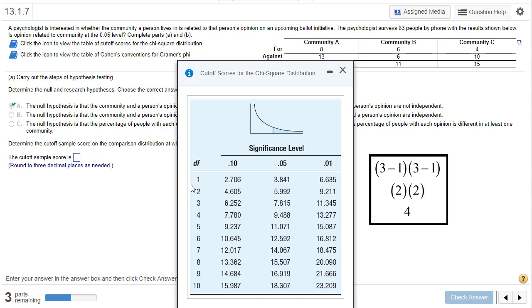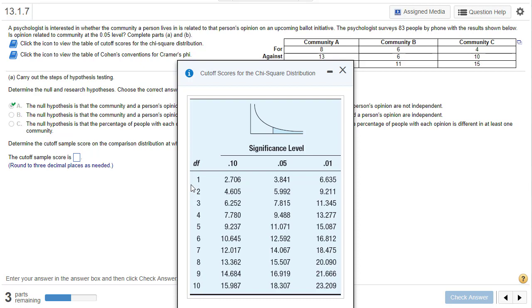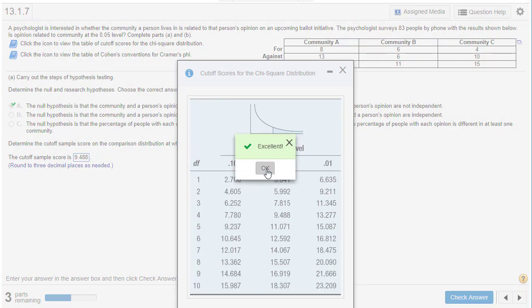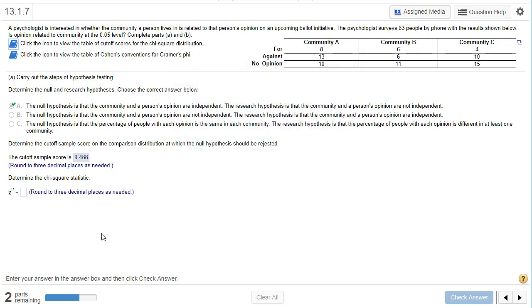In this case, we have 3 rows and 3 columns, right? So it's going to be 3 minus 1, which is 2, times 3 minus 1, which is 2. So 2 times 2 is 4. So here is our DF, and we are looking at 9.488. If our chi-square statistic is bigger than 9.488, we would reject.